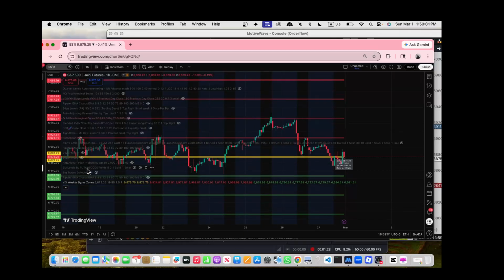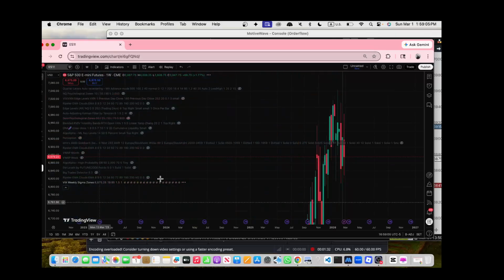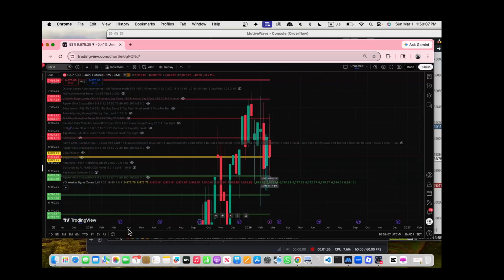Okay, so right now it's set for ES. So we go on the weekly chart on TradingView, and you would look at the previous weekly candle and see what the close is, and we can see that the close is 6,875.25.